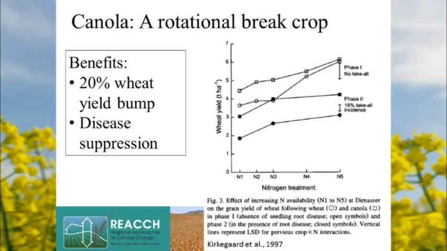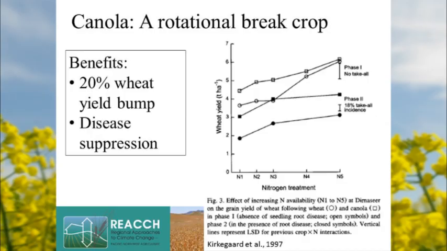What you see here is, the empty dots are the observations under no disease pressure, where the black dots are the yields that were recorded with incidence of take-all. And the important thing to show is that when you do have disease suppression, it limits that nitrogen response, or that response of wheat to the nitrogen additions.